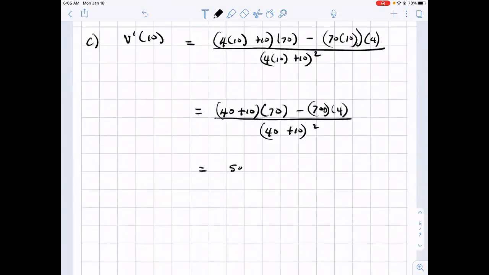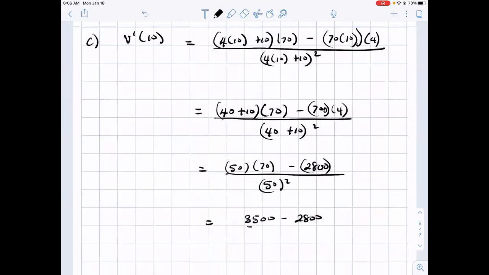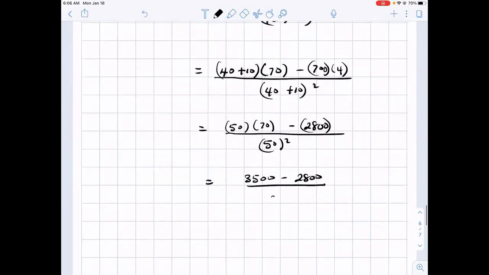That's equal to 50 times 70 minus 2800 over 50 squared. Then we have 3500 minus 2800 over 2500.